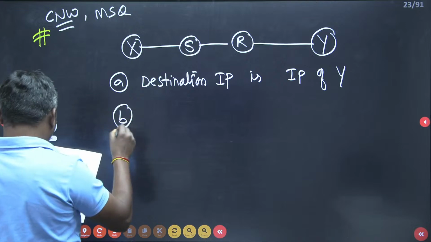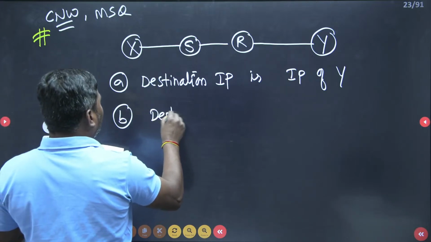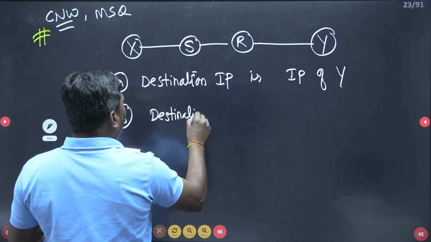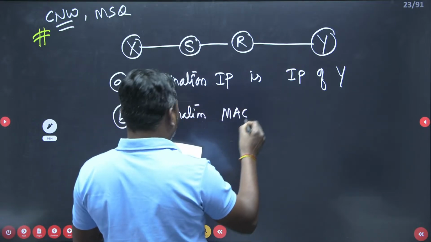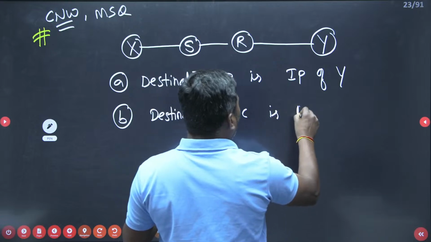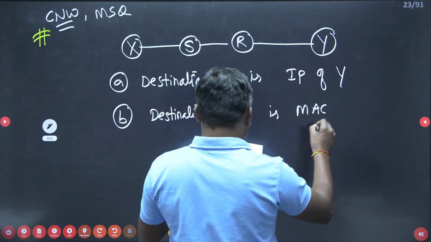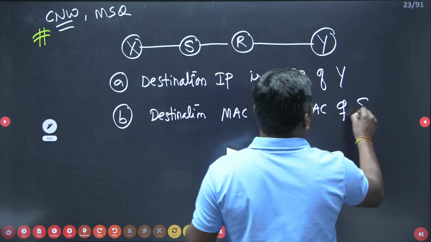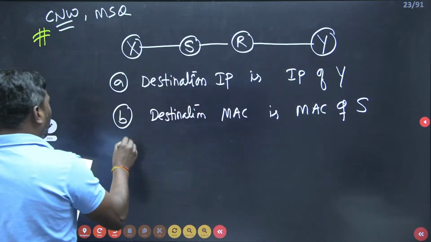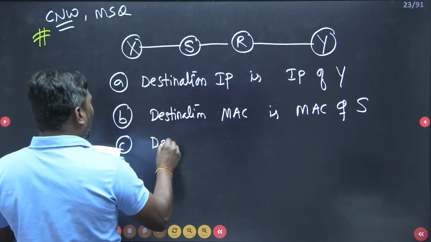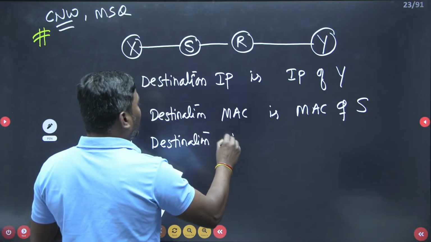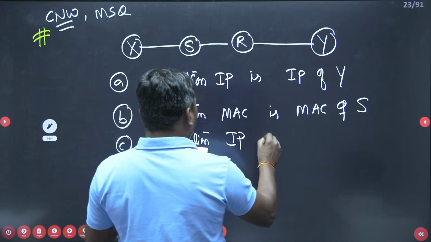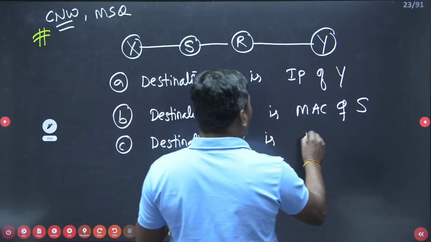Option B. Destination MAC address is MAC address of switch S given. Option C. Destination IP address is IP address of router.